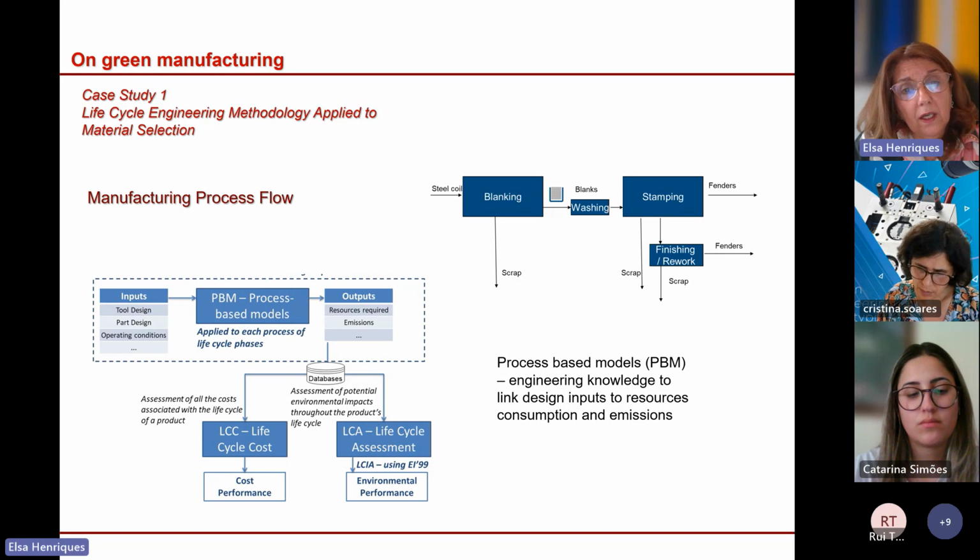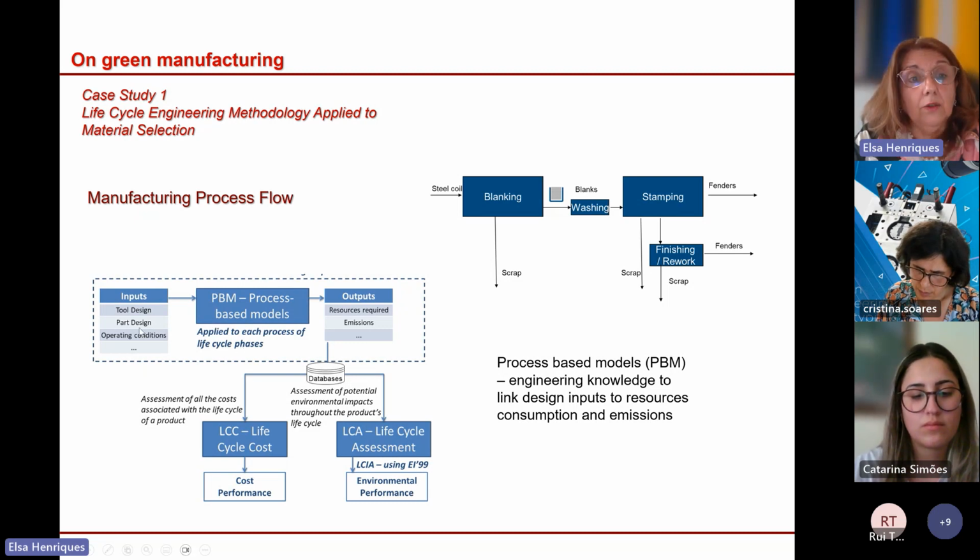And then a process-based model was developed to consider each process of the life cycle phase, but I must say that the most complex is the manufacturing, to convert inputs into outputs, in which we can understand which resources are consumed, what resources are required, what the emissions are, what the energy flows are, everything.